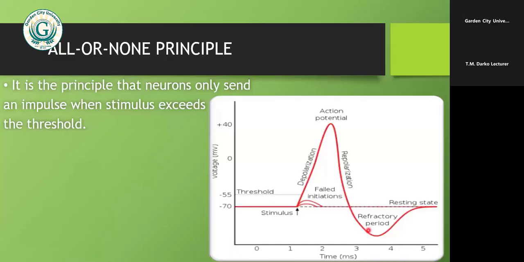Meaning you either generate an impulse or not. There's nothing like partial impulse generation. Does it make sense? Sir, please, can you take it again?